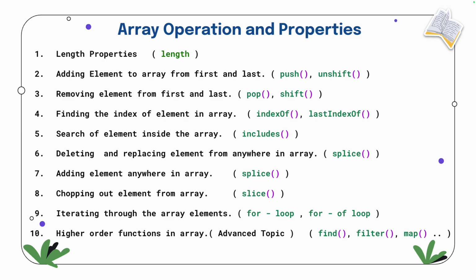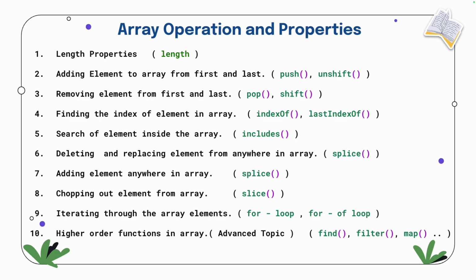And some advanced searches are also available in the array. Advanced search is nothing but, let's suppose you have a set of elements in the array between number 1 to 100, but you wanted to get multiples of 3 from that array, or you wanted to get numbers greater than 50 from that array. So for that we have some advanced methods in the array.